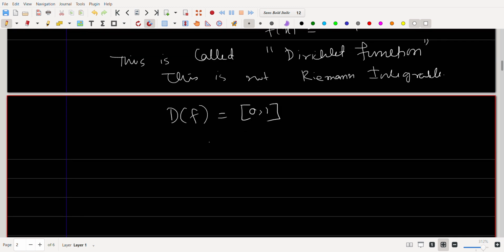Another very interesting example is the popcorn function, or Thomae's function.